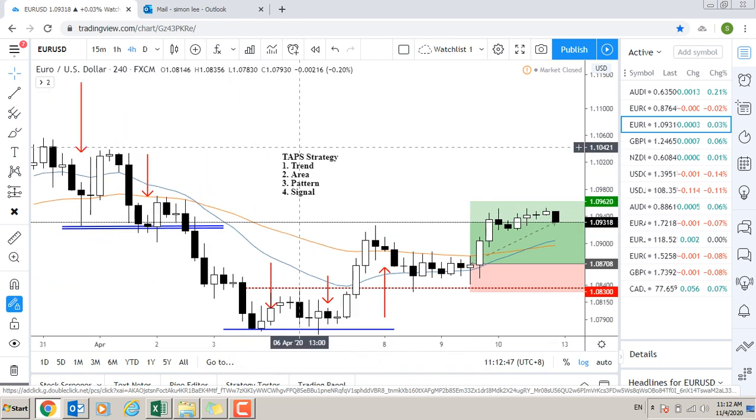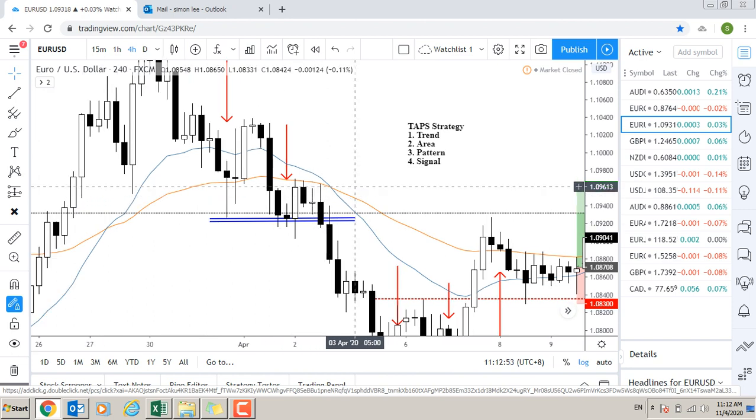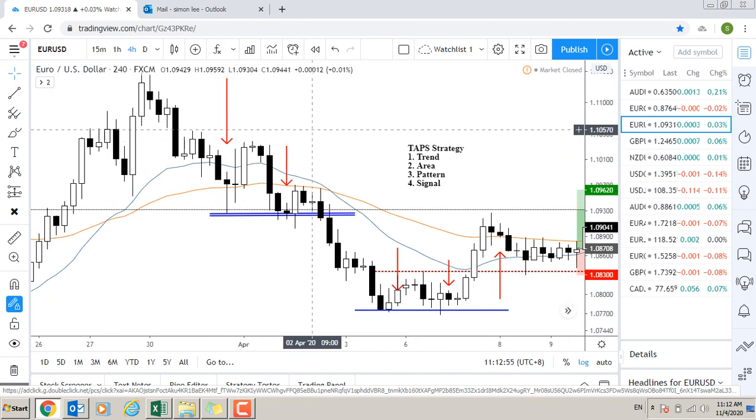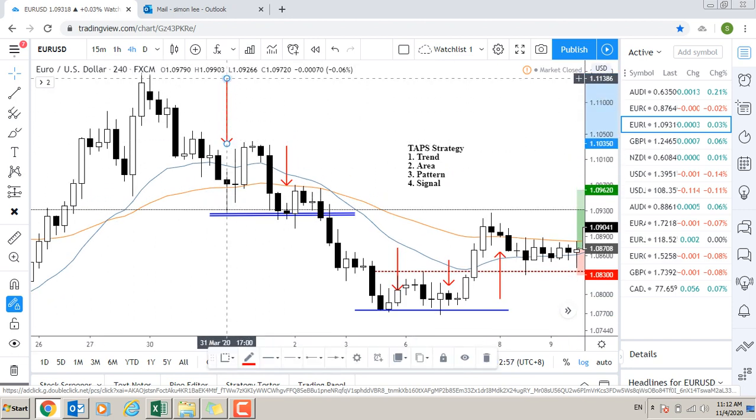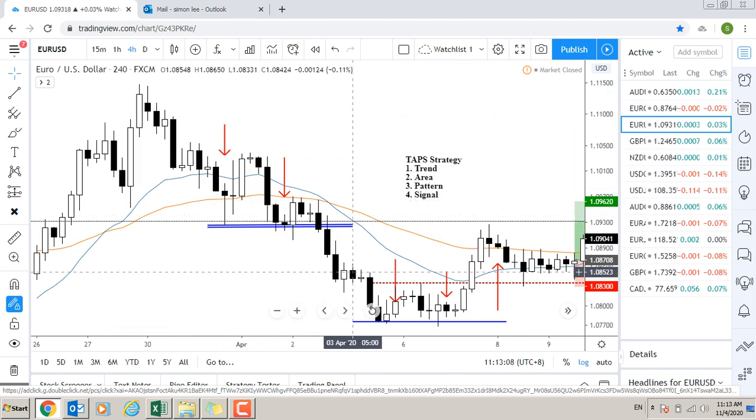So when I see a close below, this is the pattern that I'm looking at. What kind of pattern? The name of the pattern is quite simple also. It's a basic thing. It's a lower low, lower high pattern.